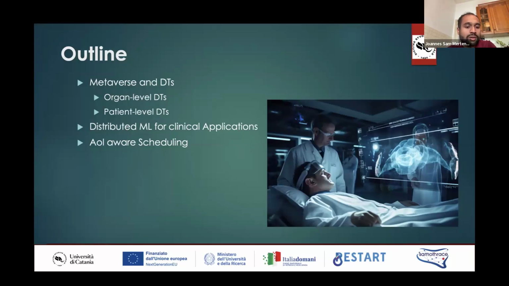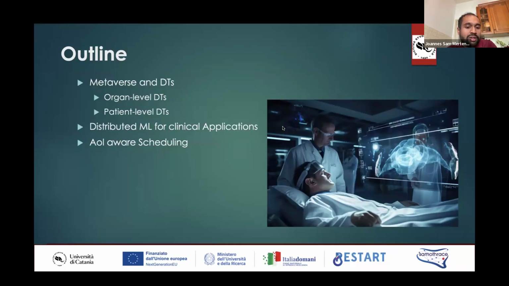Then we are also developing digital twins at the patient level, meaning that we have an individual digital twin for each patient. For example, in our daily scenario in hospitals, every morning the doctor goes around checking each patient room to see if the patient is fine and what the status is.